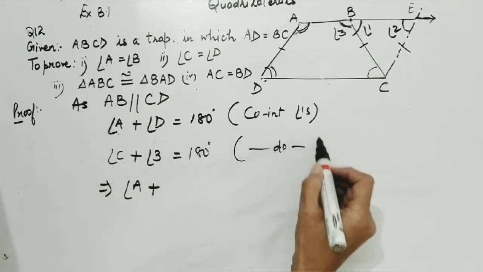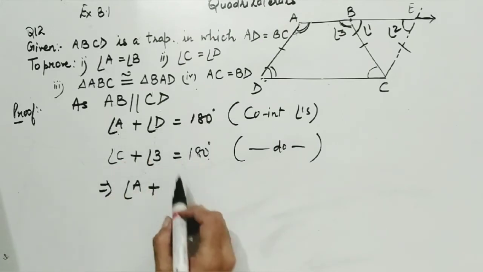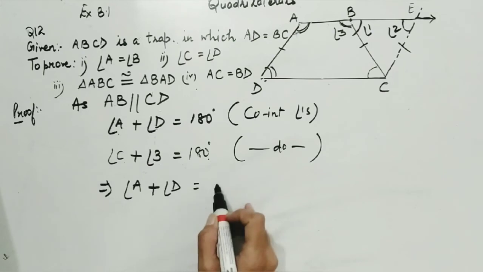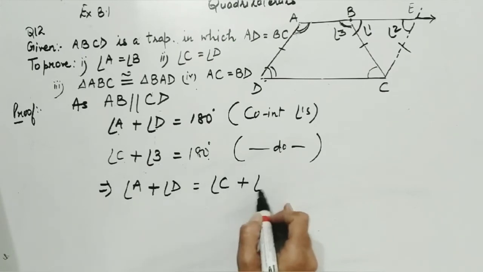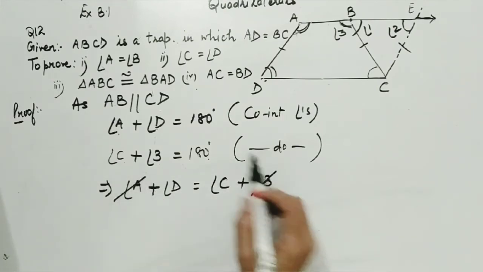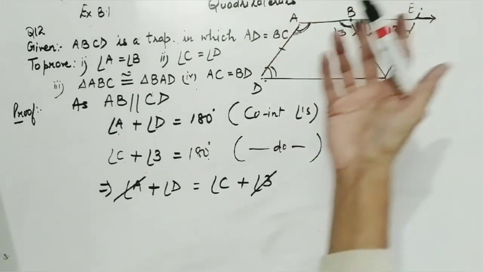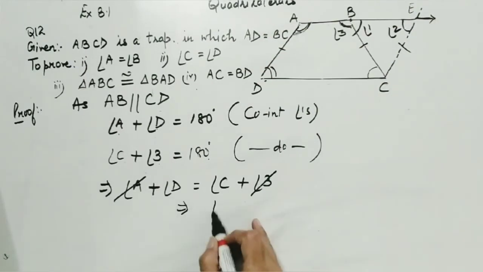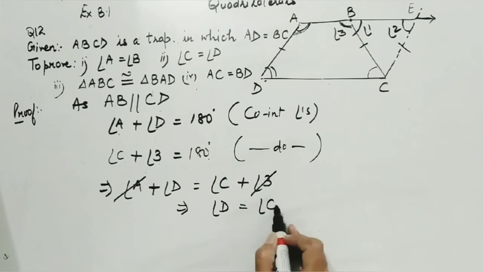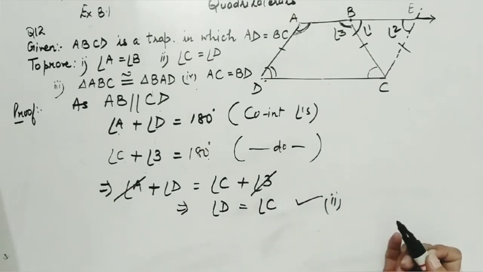Same reason, co-interior angles. Their RHS is equal, LHS would also be equal. So I am just writing their left hand side. What can be cancelled? A and 3 or A and B are already proved in part 1. So from here we get a result that D and C are equal. So this proves your second part. Second done, first is also done.